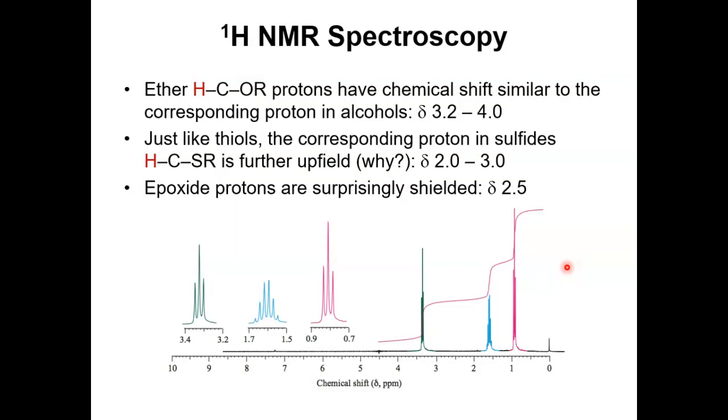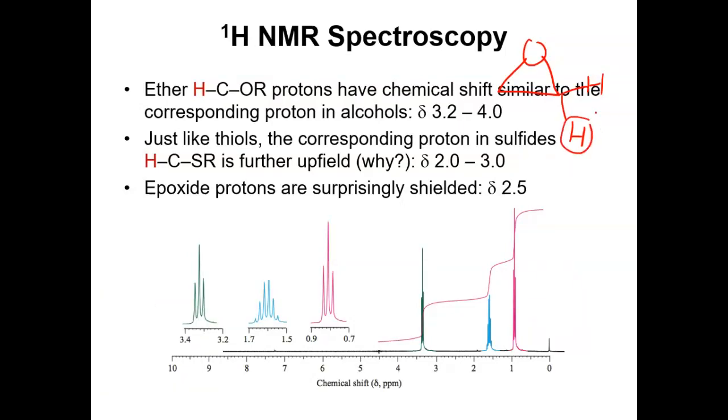The only thing I also want to talk about a bit is the epoxide proton. They are surprisingly shielded. If you look at here, those protons are not in the 3.2 to 4 ppm range. Those two protons are at about 2.5 ppm.